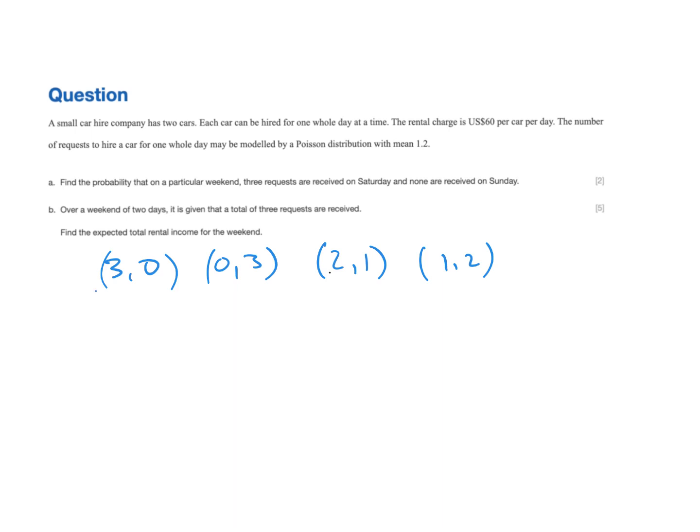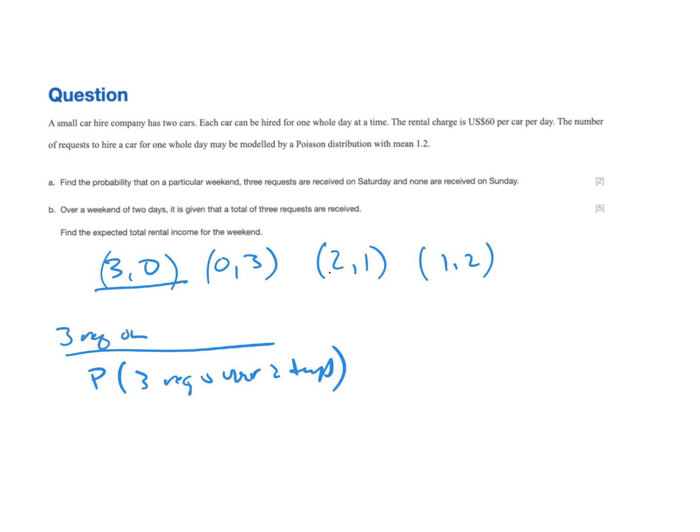value. So if I consider this, what I'm going to do is I have 2 days, right? So I want to find the probability that I get 3 requests over 2 days. On the top, I'm going to get 3 requests on the first day, times 0 requests the second day.